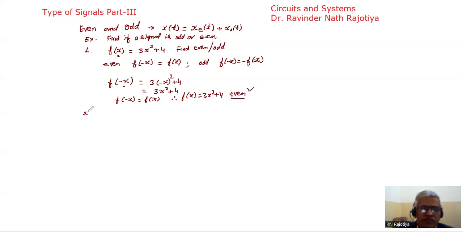Let's take one more example. Suppose you are given a signal f(x) = 7x^3 - 3x. Now let's find out by putting x equal to -x.